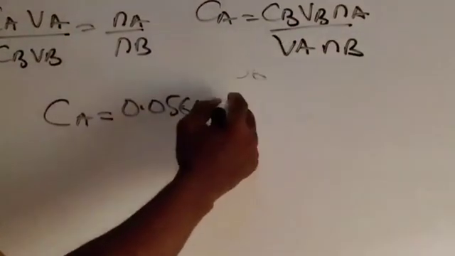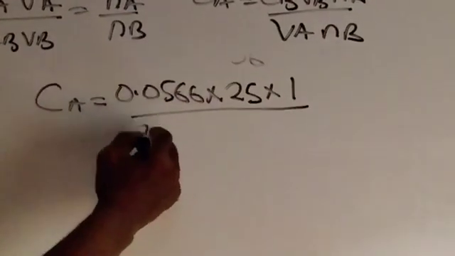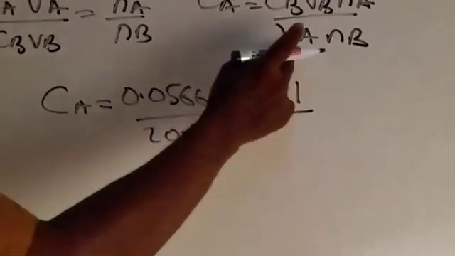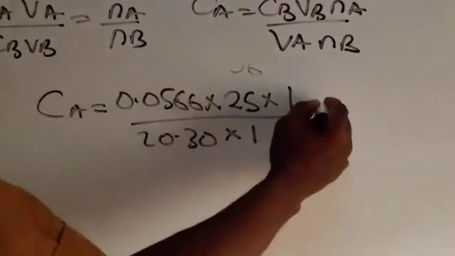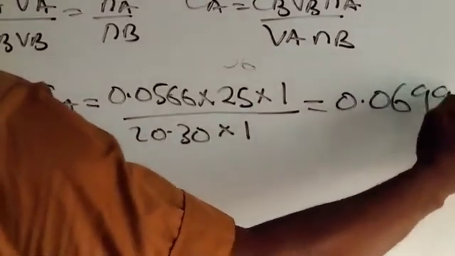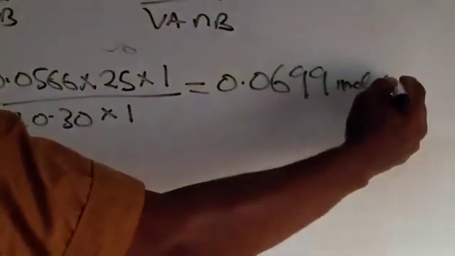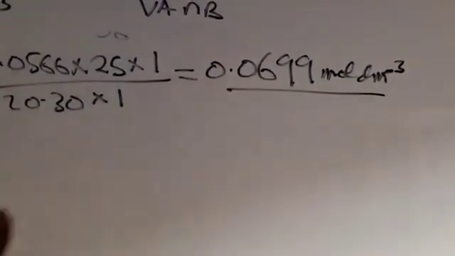Our VB is 25, the volume of the pipette. NA is 1. VA is 20.3, this is the endpoint for your titration. And NB is 1. When we solve this out, we're going to have 0.0699 mole per dm cube as our molar concentration to 3 SF.